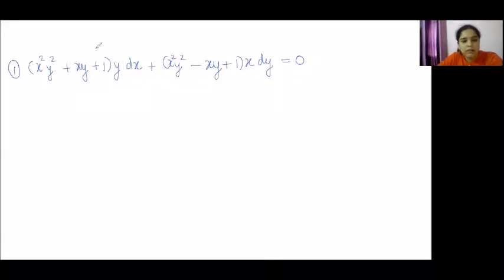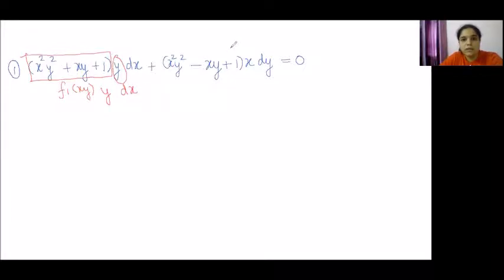Now see here, this is m. If you see this one, this is some function of xy. Let us name it f1(xy). Then we have here y dx.